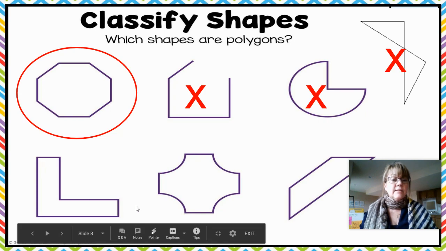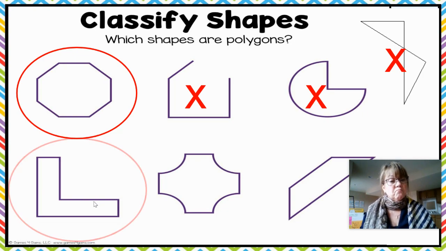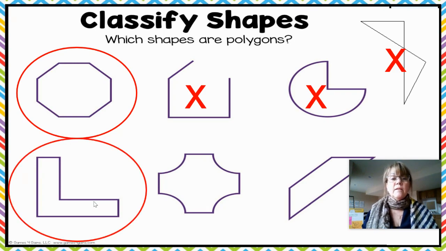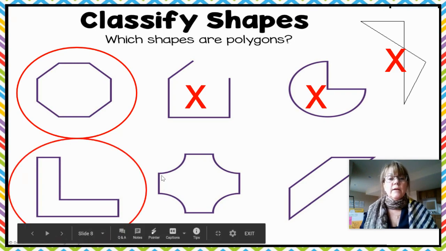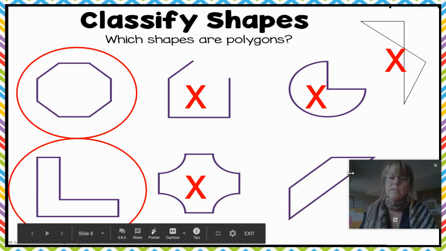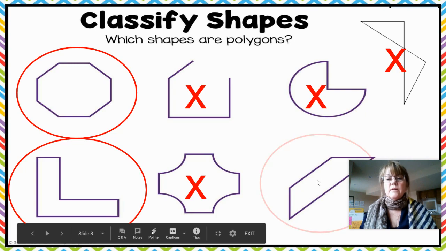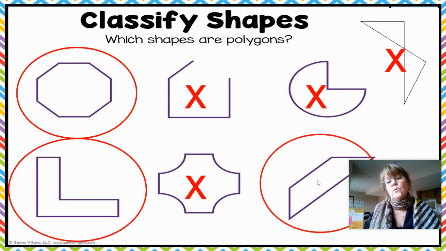Here, straight lines, begins and ends at one point. It's closed and no curves. That is definitely a polygon. Here, look at all these curves. Doesn't matter that it's closed, they're all curved. So that is not a polygon. Here, and my little screen is going over that, but you can see it goes straight through. That is a polygon. Straight lines closed.